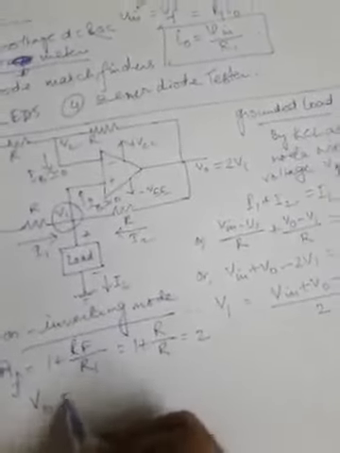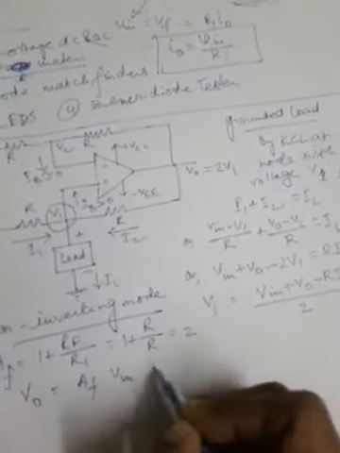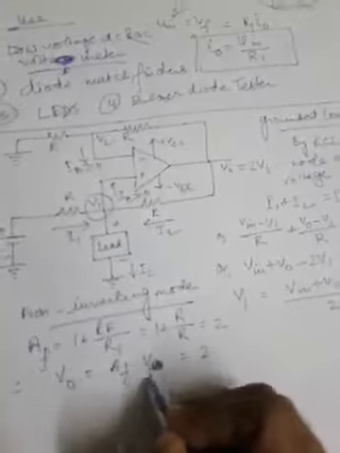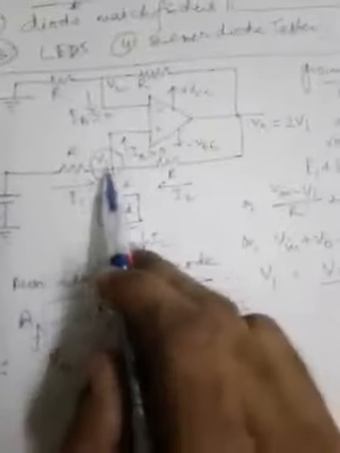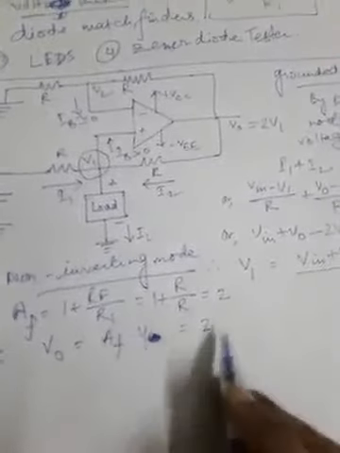So the output voltage is VO equals AF into Vin, rather not Vin, V1, because this voltage is actually V1, the input voltage. Gain times input voltage is the output voltage, and AF is 2, so VO is 2V1.